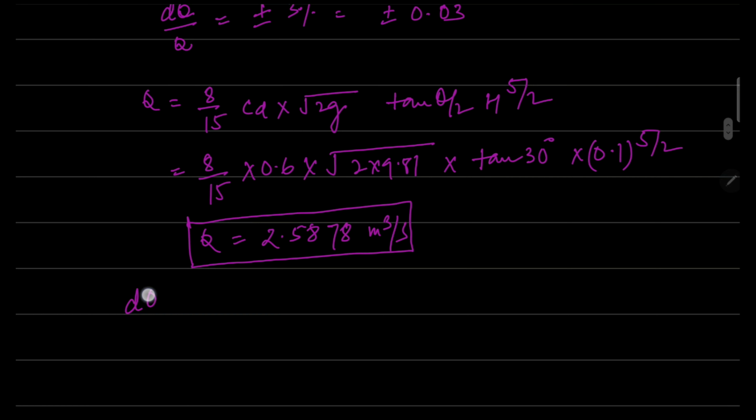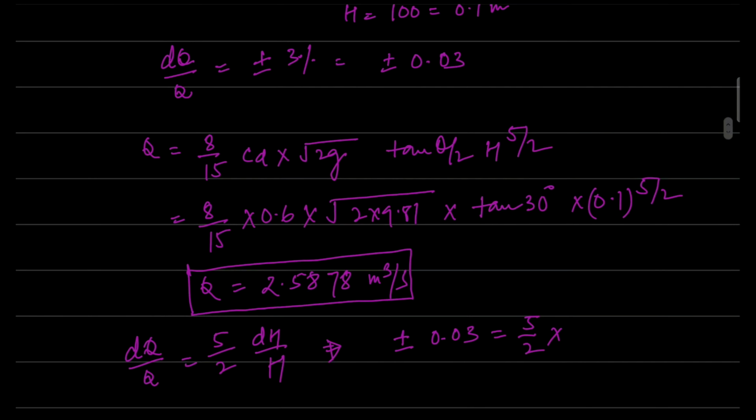We are already aware that dq over q for the triangular notch is 5 by 2 times dh over h. So already we are aware that dq over q is allowed to be plus minus 0.03, which is equal to 5 by 2 times dh over h, where dh is what we have to determine.